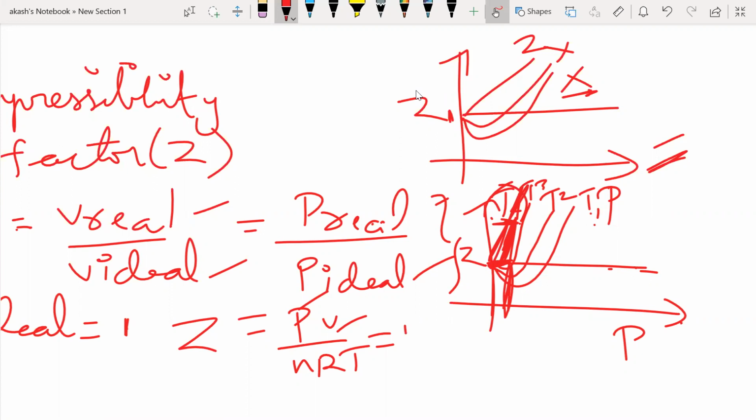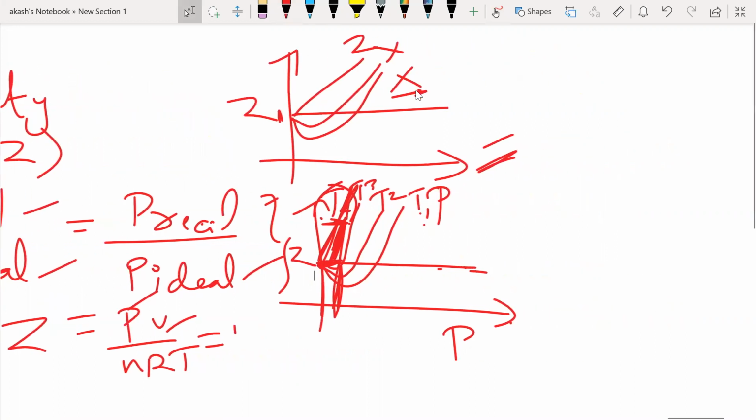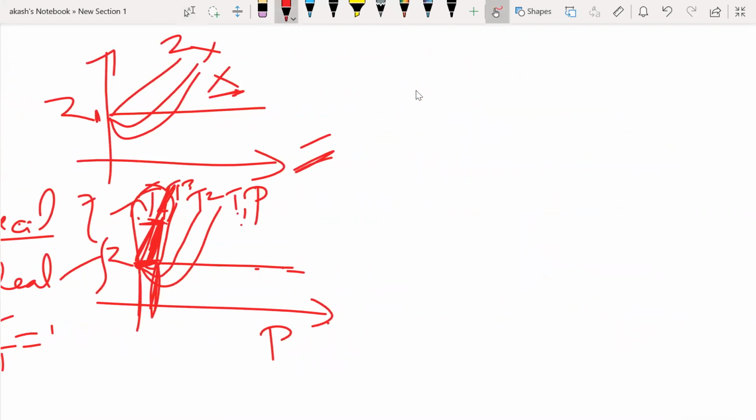Now, how do I get the physical sense of all this? If I have to understand why the graphs are like this, I have to go for the wrong postulates, the wrong points told by the kinetic theory of gases. I will take one of them: the no interaction point.